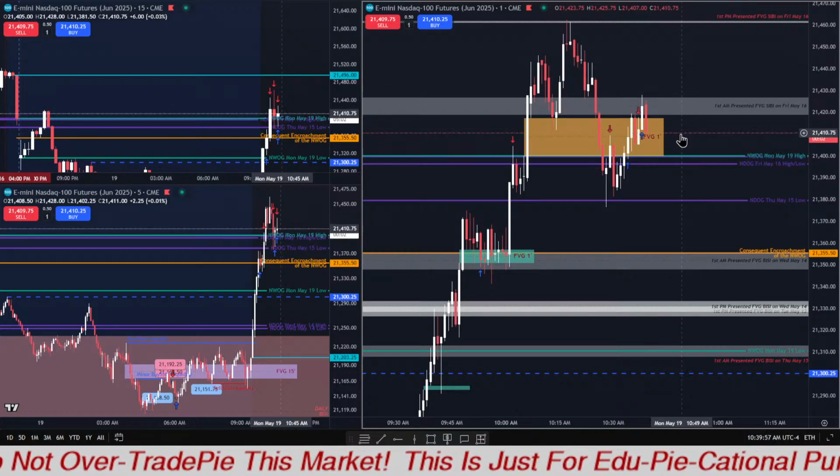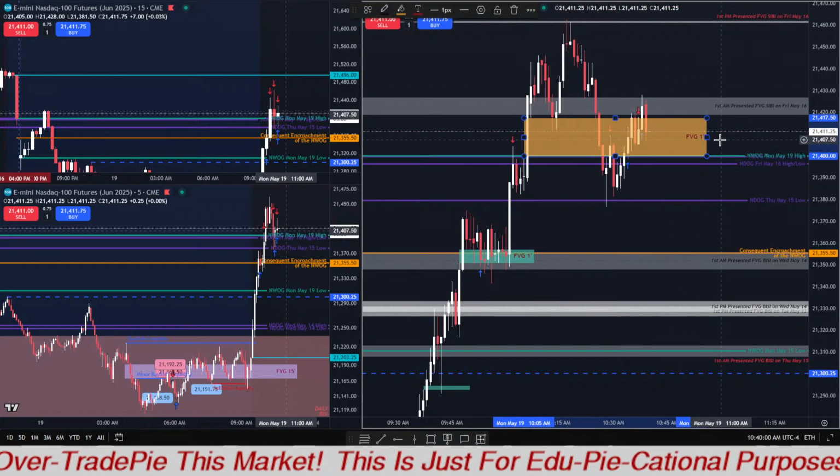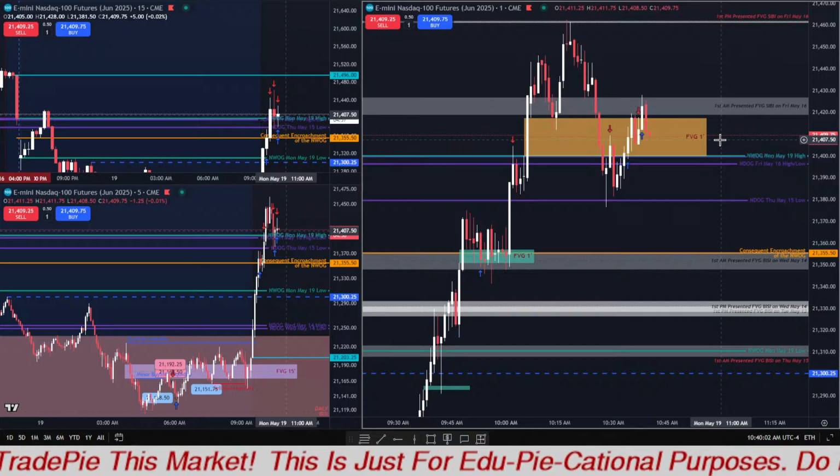Now we are trading around the consequent encroachment of this 1 minute inversion fair value gap.